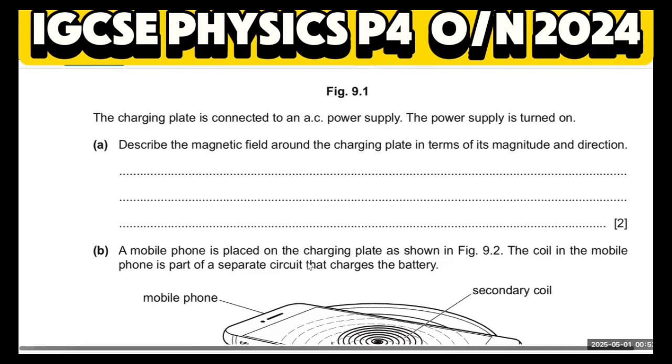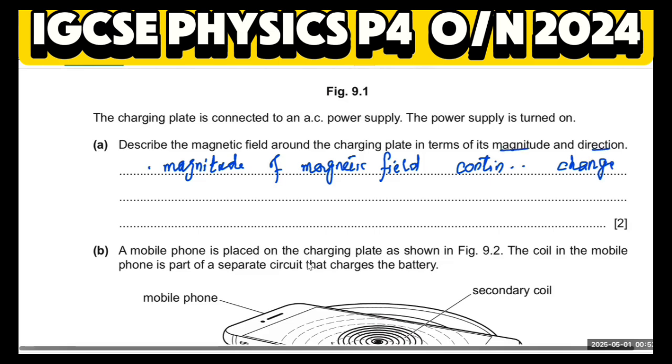So what we'll write here: the magnitude of the magnetic field continuously changes. Why? Because there is AC current. Obviously, we will talk about the magnitude and direction.